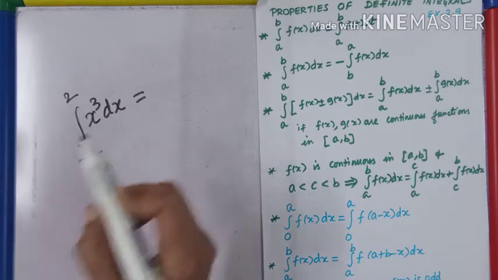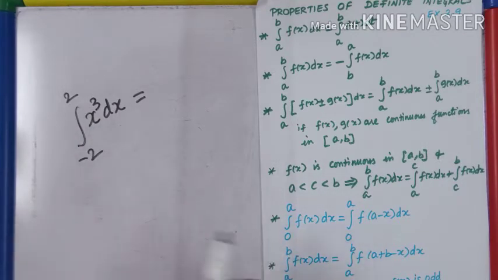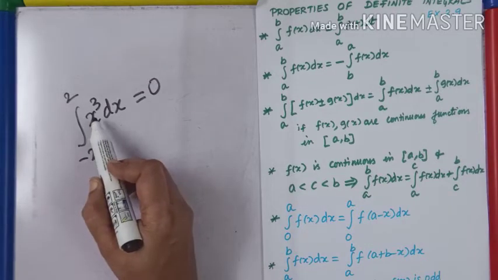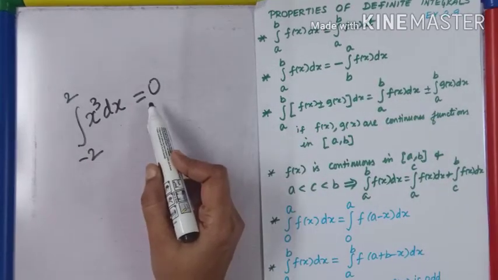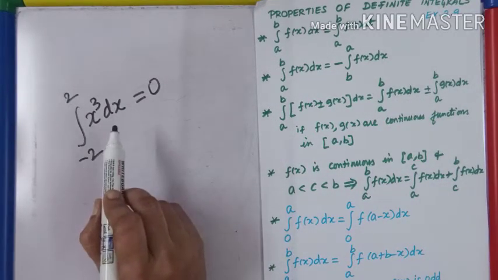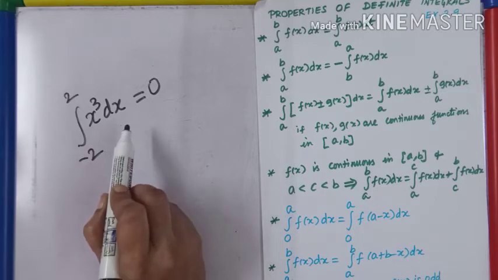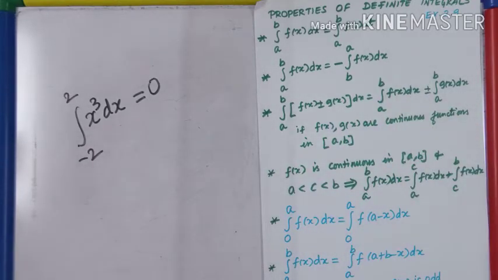The entire function itself is odd. No need to do the problem. Immediately declare it is 0. Just say it is an odd function. By using the property of definite integral, we say it to be 0. So these are the most important cases wherein we apply the properties of definite integrals.